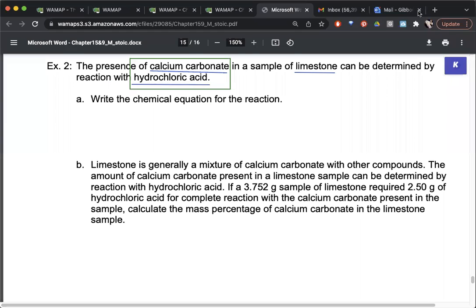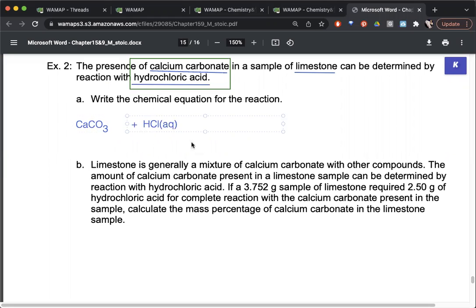Go ahead and pause the video and work ahead on that. All acids are aqueous, and calcium carbonate is a solid, and I believe that comes up in the carbonate rule, rule number 5.